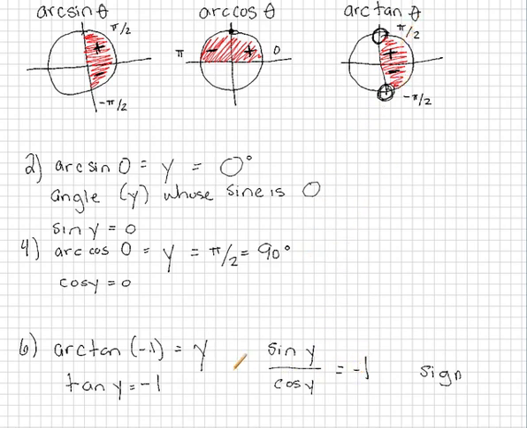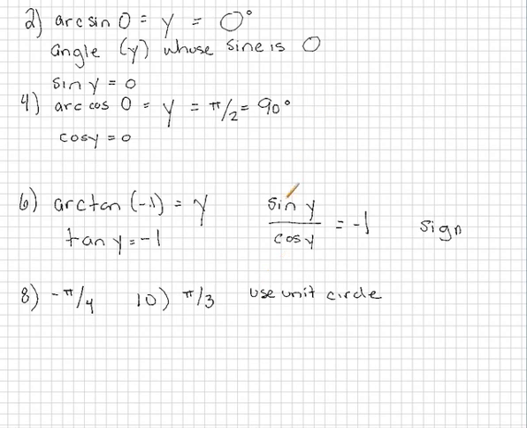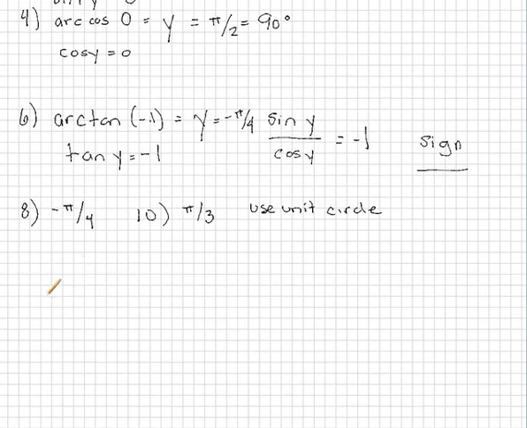Here we have a negative number, so we're going to be using the negative quadrant. So the answer here is going to be -pi over 4. Again, I got this utilizing the unit circle and looking for the place where sine and cosine were the same number but opposite signs. So you should be able to do 8 and 10 on your own now. If you're not, just go ahead and repost them.